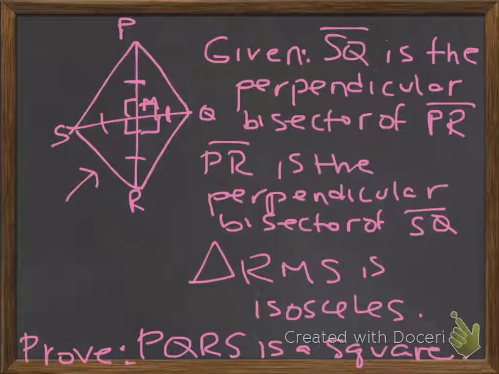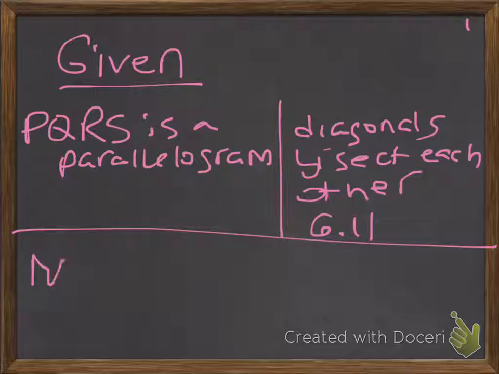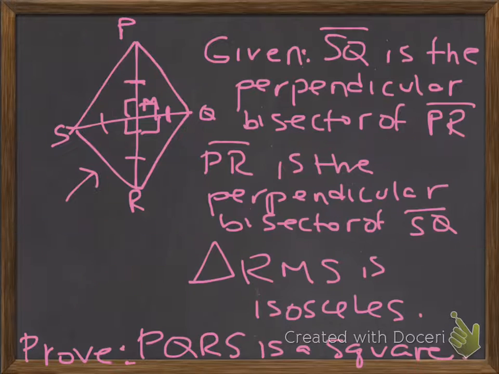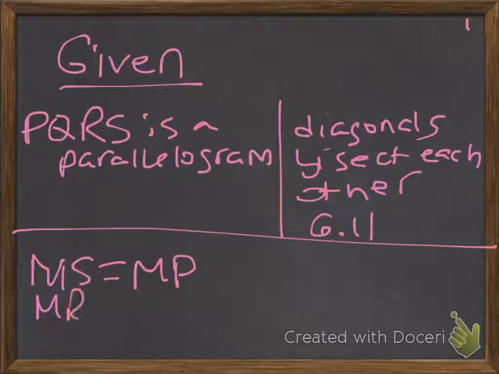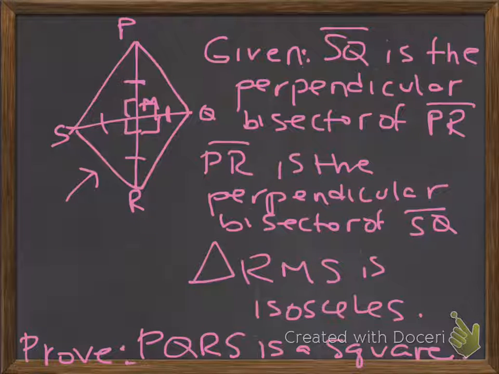So we can say, instead of RM being equal to MS, we could say, let's say MS is equal to MP, as well as MR is equal to MQ, and then that way we know that all of them are equal.